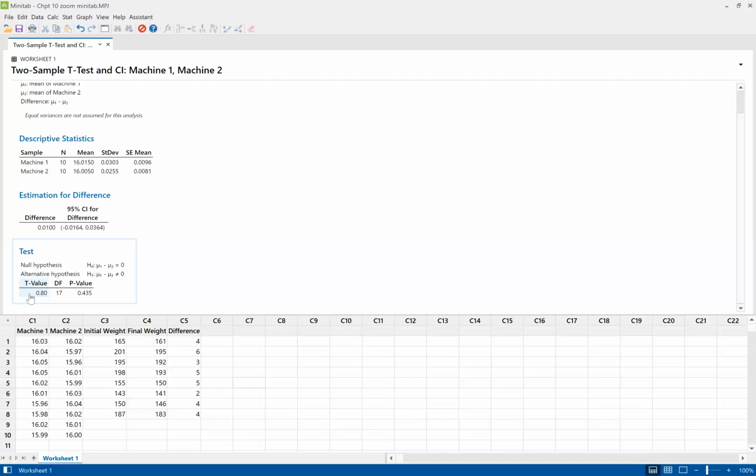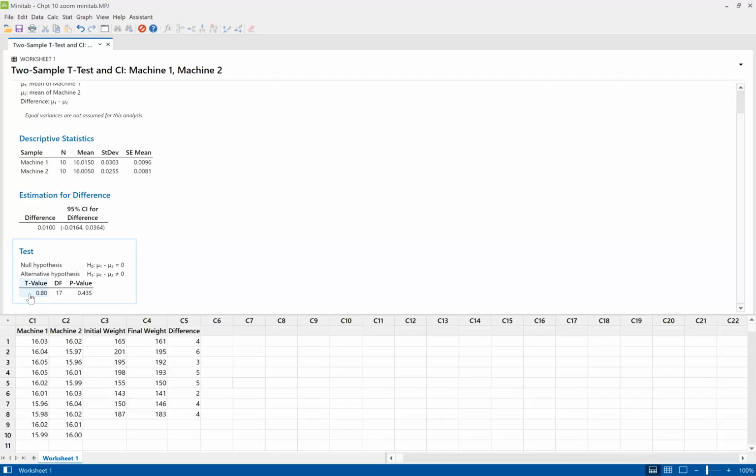So if you're looking at a two-sided test and you look at the t-table, so again, our alpha of 0.05 becomes 0.025, and at 17 degrees of freedom, 0.025, our t-value would be 2.110.